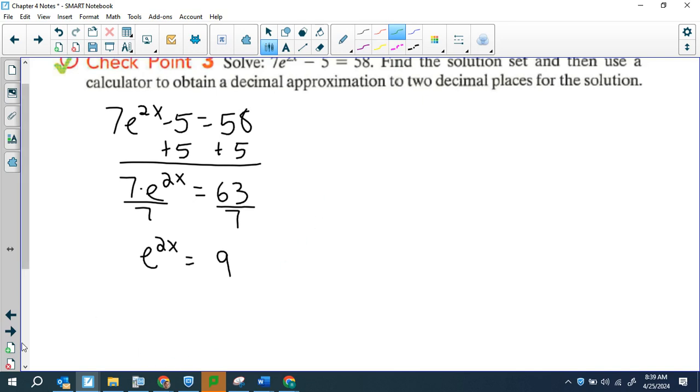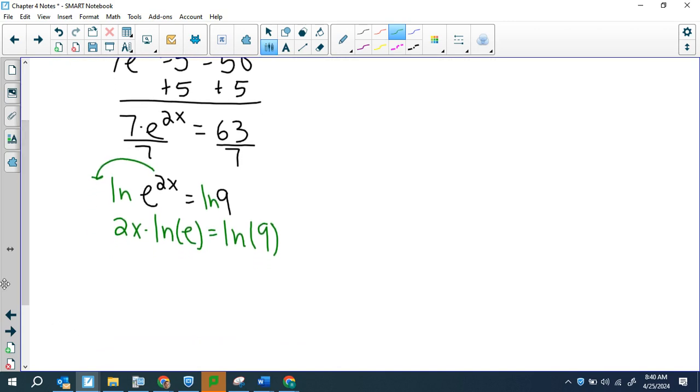The one way is if you take the natural log of both sides. Remember, once you take the natural log of both sides, this exponent can now move in front. So this becomes 2x times ln of e equals ln of 9.